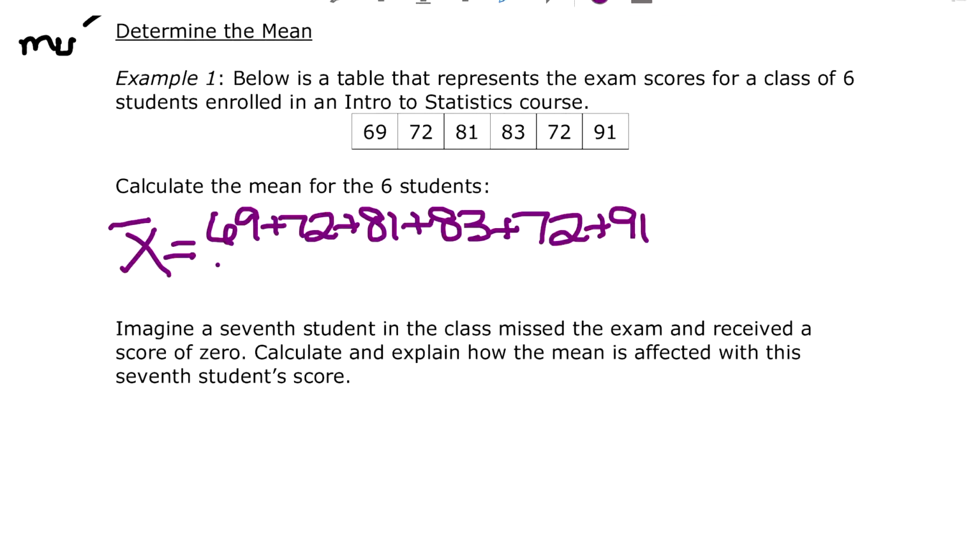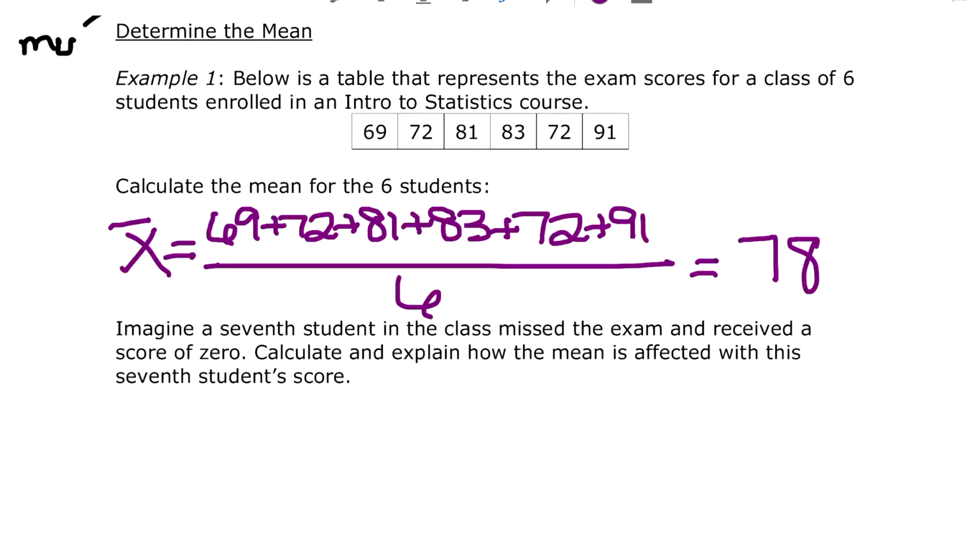I have 6 data values here, 6 observations, so I'm going to divide by 6. I'll give you a second to do that. And you should get 78. That means the average score for these 6 students is a 78, almost a B. Not quite there, but almost.